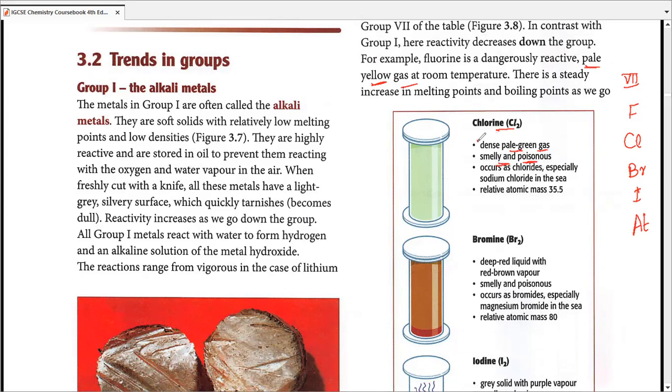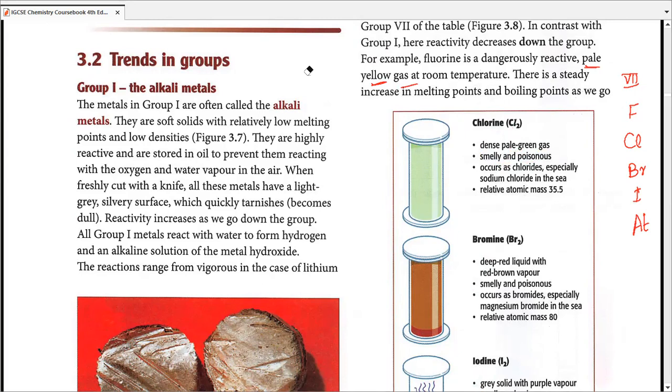You can skip the rest of the points. You only need to memorize the first 2 points of each of these. So first 2 points for chlorine, first 2 for bromine, and first 2 for iodine. No need to memorize the rest. The second point is actually the same for all of these. They're smelly, they're poisonous.